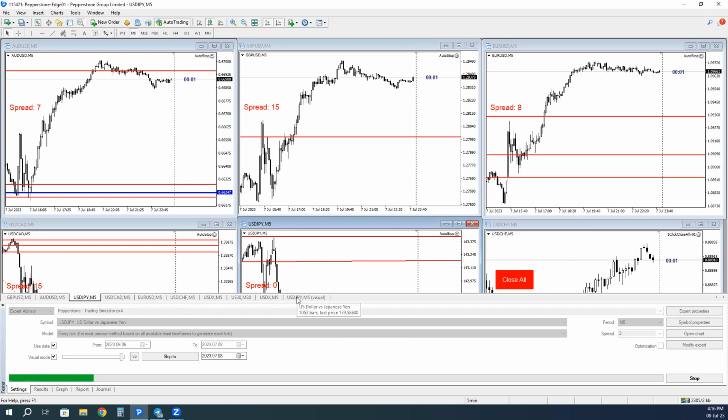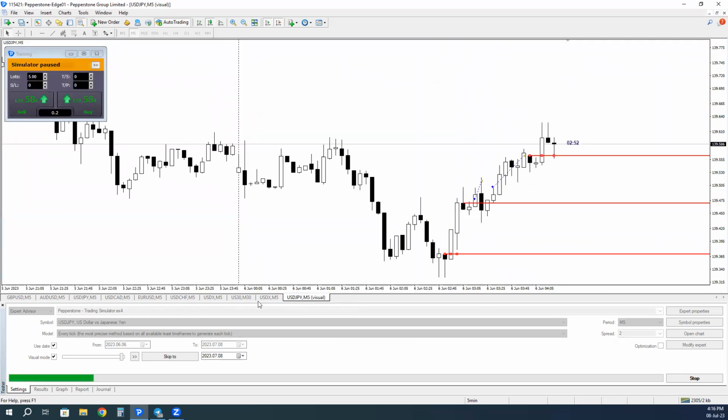But if you just want to go purely mechanical, I will typically go for the body. But you've got to have a little bit of common sense. If something's breaking out, but everything in the US dollar is going the other way, you might just want to sit it out. Doesn't happen very often, but it's just something to keep your eye on.